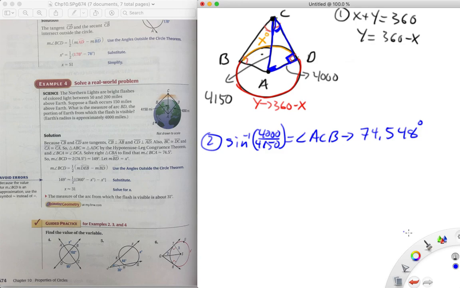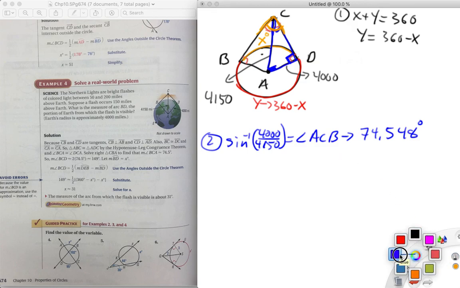However, that's not the whole angle that I want. That's only half of the angle. I want this whole entire angle here, angle BCD. Since I have half the angle, because I know it's a perpendicular bisector, I can multiply this by 2.